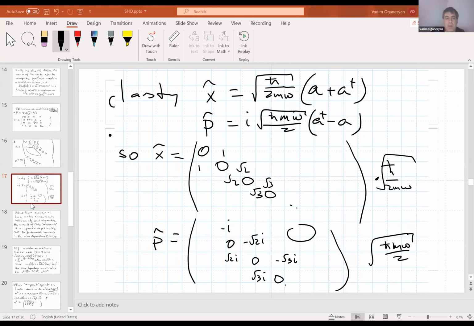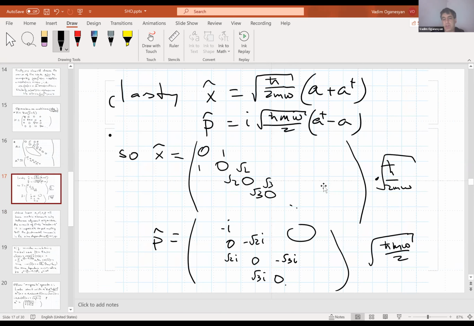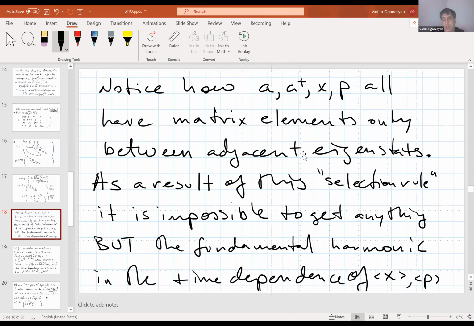When you have operators most of whose matrix elements are 0, in physics jargon, this is called a selection rule. There's a reason why this operator does not connect certain states. Whatever the reason might be, that's the selection rule. But once the selection rule is active, that means that certain natural frequencies are just missing.